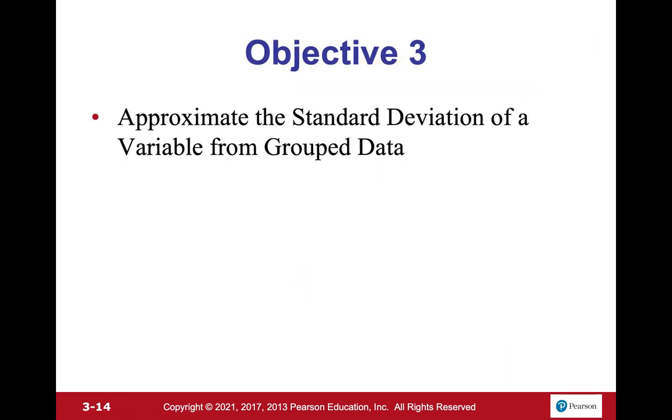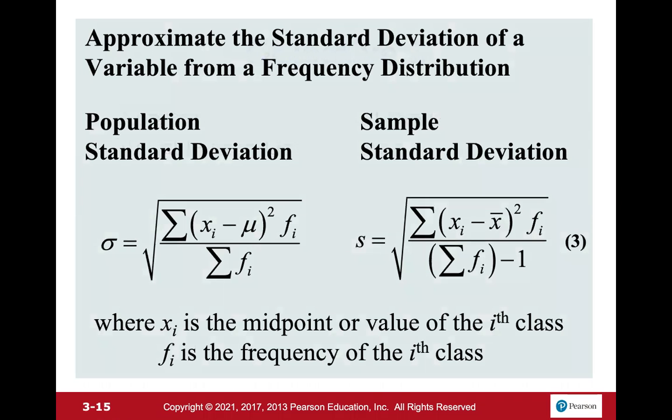All right, so now we're going to approximate the standard deviation of group data, and also of weighted data. So, approximate the standard deviation of a variable. Remember, the standard deviation of a population is always denoted with sigma. The standard deviation of a sample is denoted by an S. Another difference is that we use the population mean for the population standard deviation, and the sample mean for the sample standard deviation.